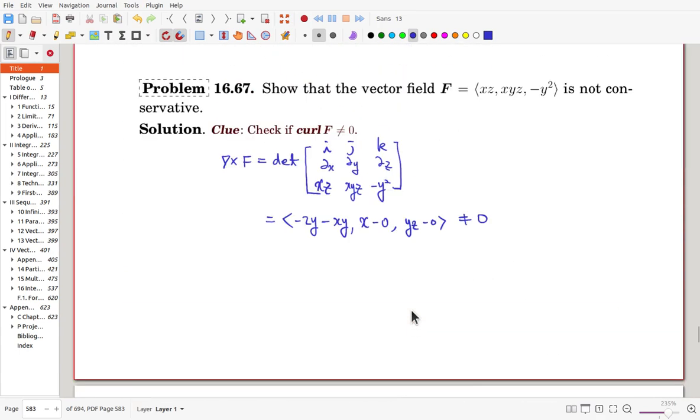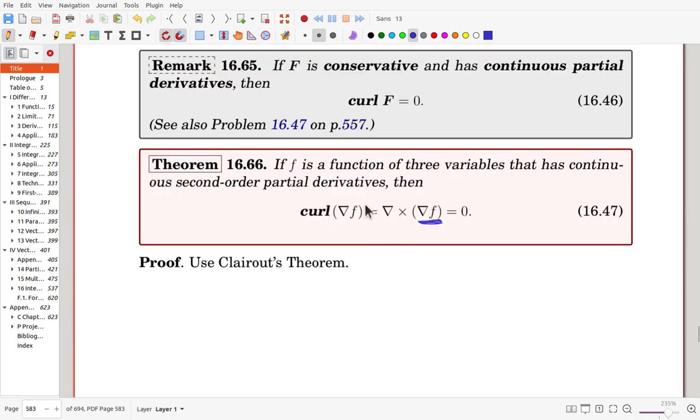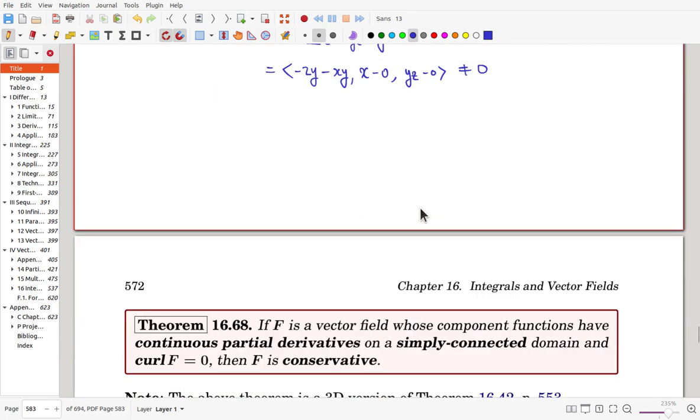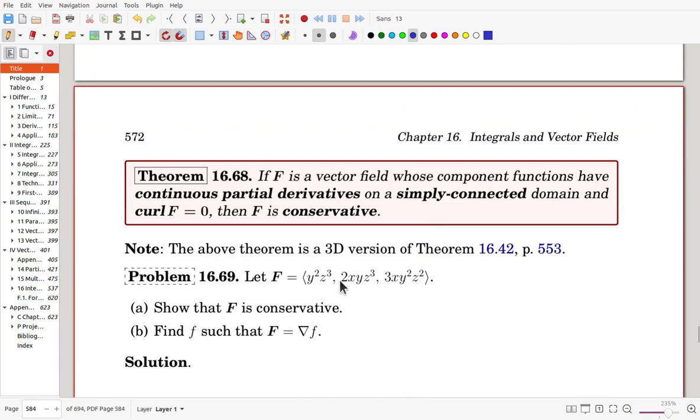So in this one, we know that conservative implies curl 0. Now, this theorem is the reverse. The vector field has continuous partial derivatives on a simply connected domain.